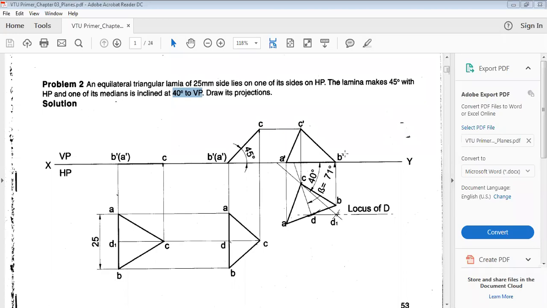Yes, sir. So now after this, the remaining process is the same. We follow the box approach by placing the complete lamina to fit into this box and name it 1, 2, 3, 4.